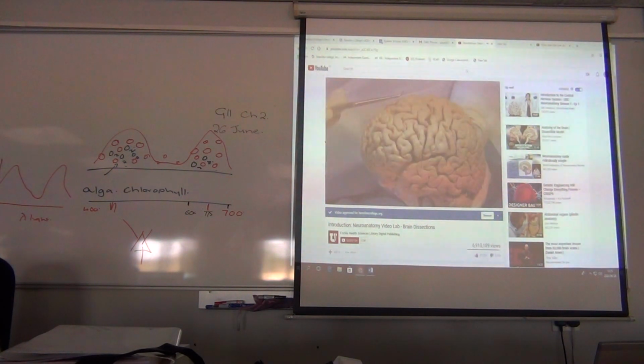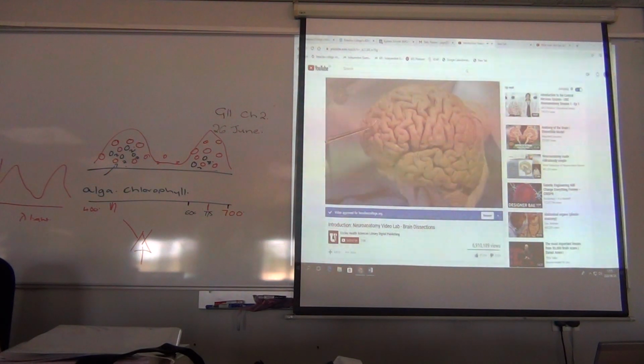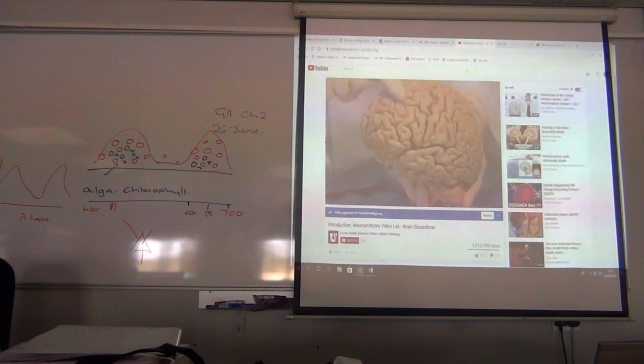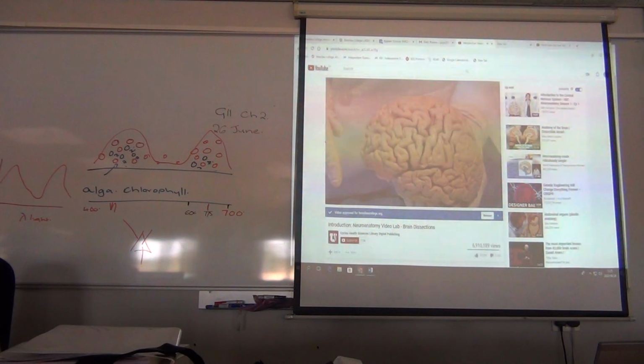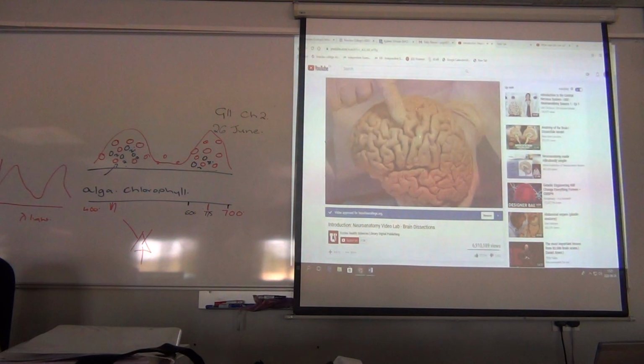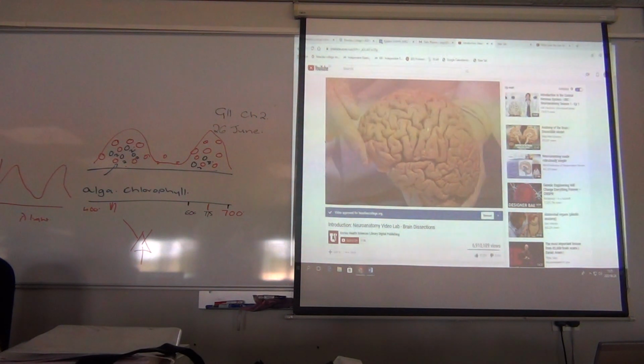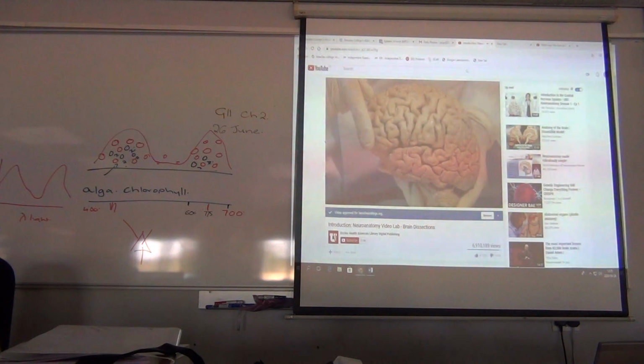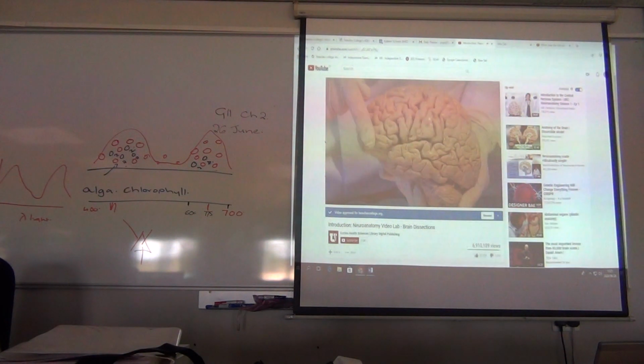The frontal lobe is further divided, and it's hard to see the distinction, but this band along here is the superior frontal gyrus. Then we have the middle frontal gyrus and the inferior frontal gyrus.